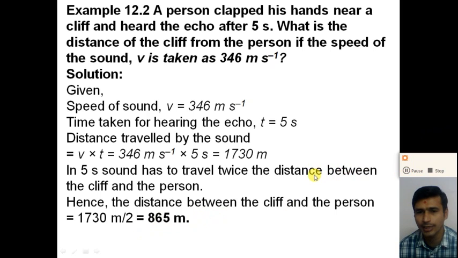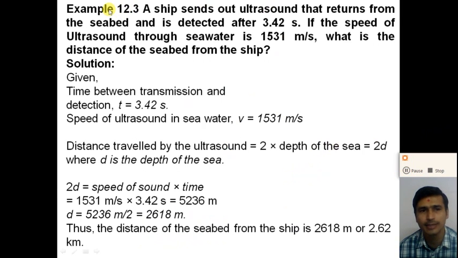So now we take a last example. Example number 12.3. A ship sends out ultrasound that returns from the seabed and is detected after 3.42 seconds.